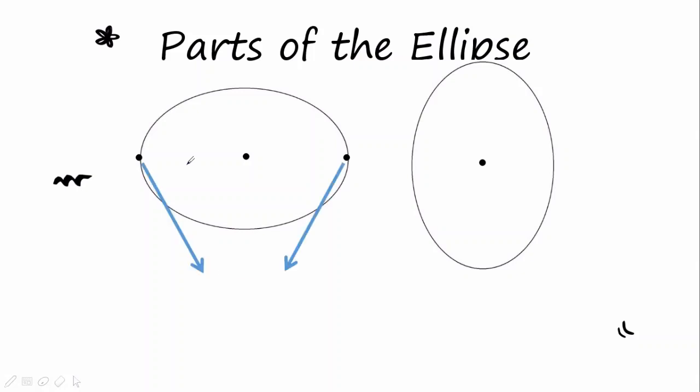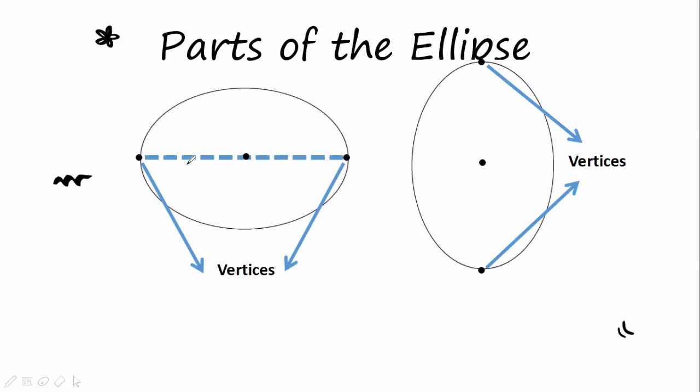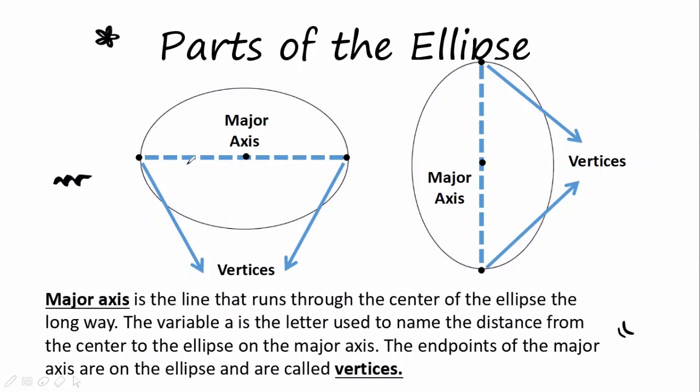Next part is the vertices. So when we say vertices, that is the end point of our major axis. And the major axis is the longest chord that passes through the foci and center of the ellipse.